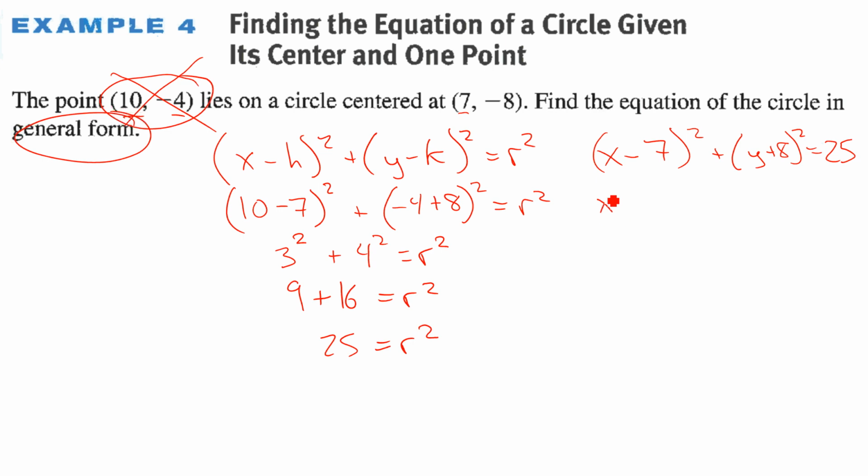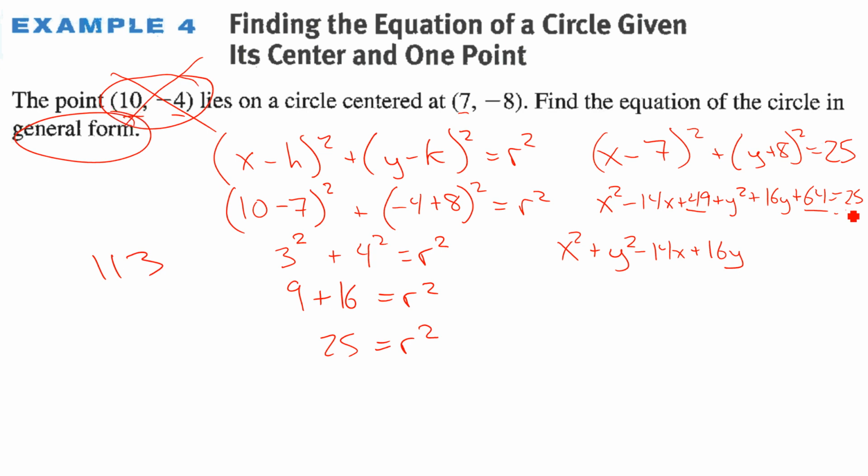So this will be x squared minus 14x plus 49 plus y squared plus 16y plus 64 equals 25. So we'll write x squared plus y squared first, minus 14x plus 16y, and then we have 49 plus 64, so that's 113, plus 25.